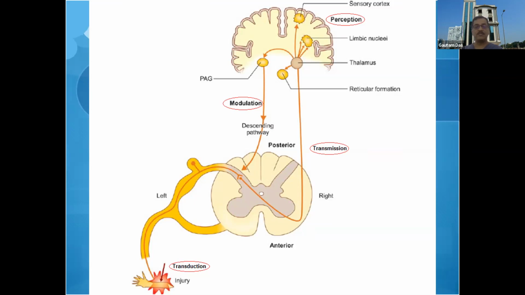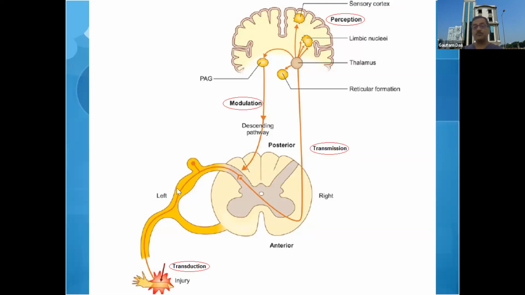Do you remember the scientists' names who discovered it? Melzack and Wall. 2 scientists, Melzack and Wall. In 1965, their paper on the gate control theory was published. What exactly is the gate control theory? What is the gate? The gate is here at the dorsal horn.